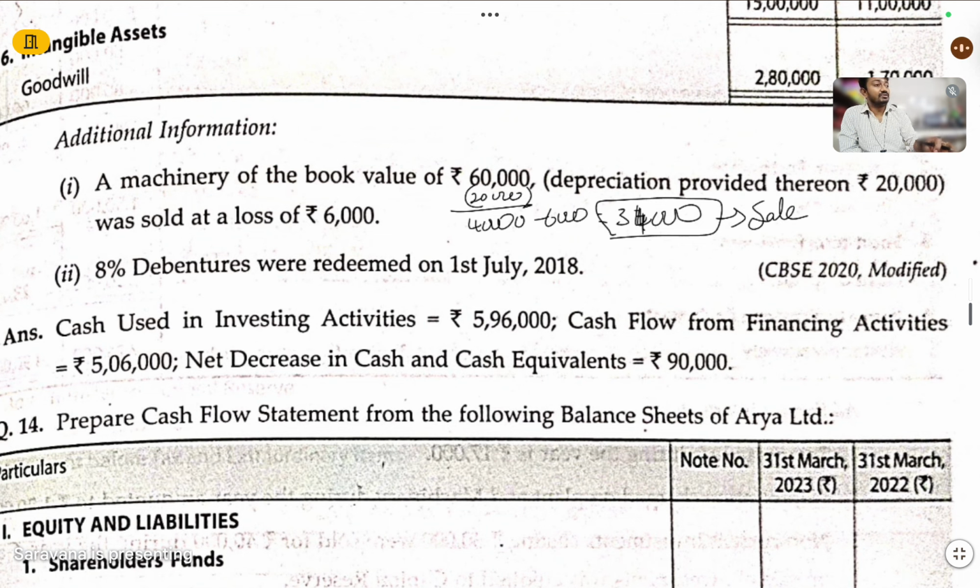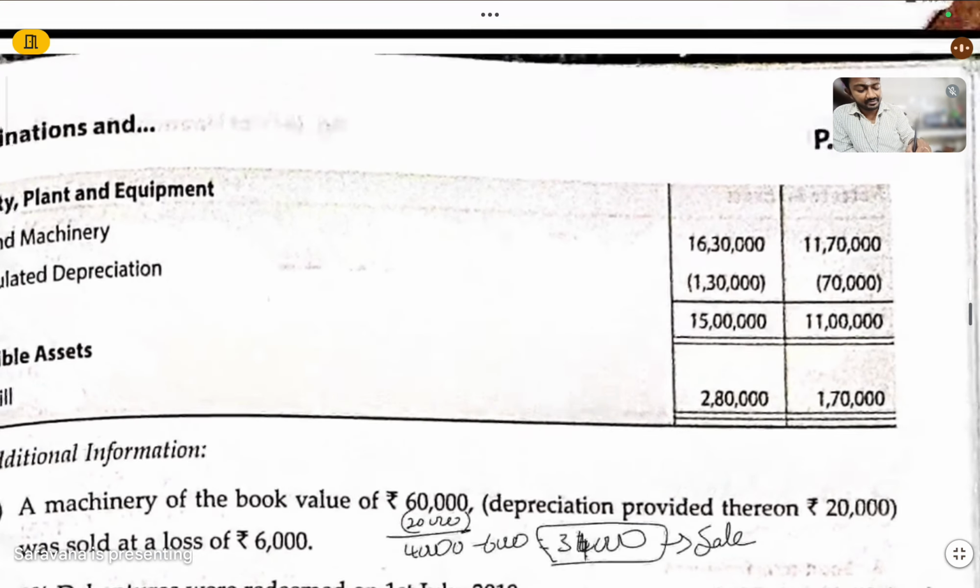What should we do? We should open the ledger, the machinery account ledger. We'll open it here itself.